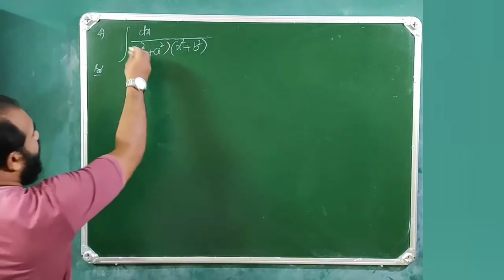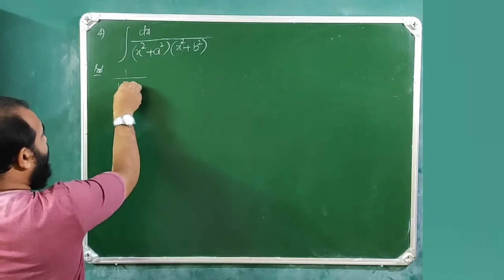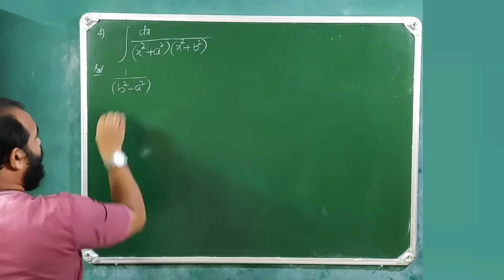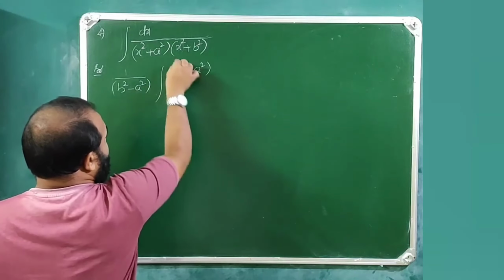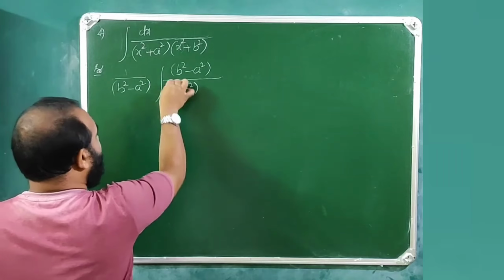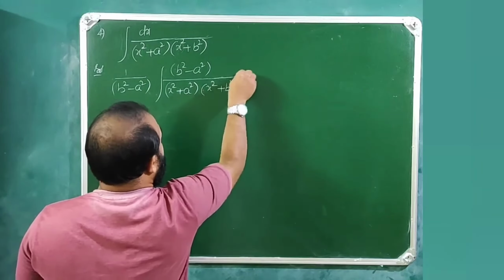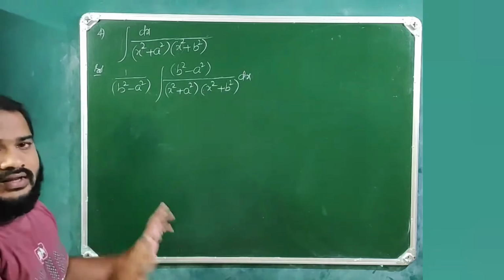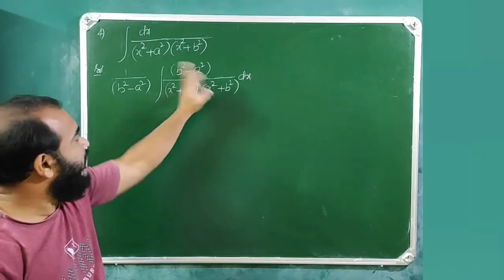So what I am doing is I will be dividing with 1 by b square minus a square, b square minus a square by x square plus a square into x square plus b square dx. What I have done is I have multiplied and divided with b square minus a square.